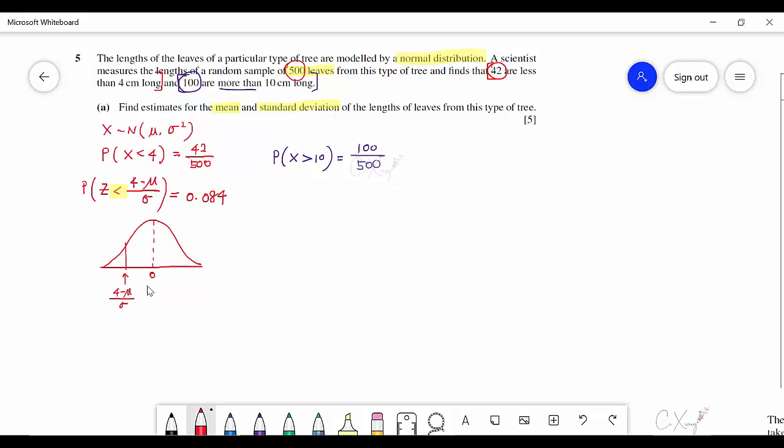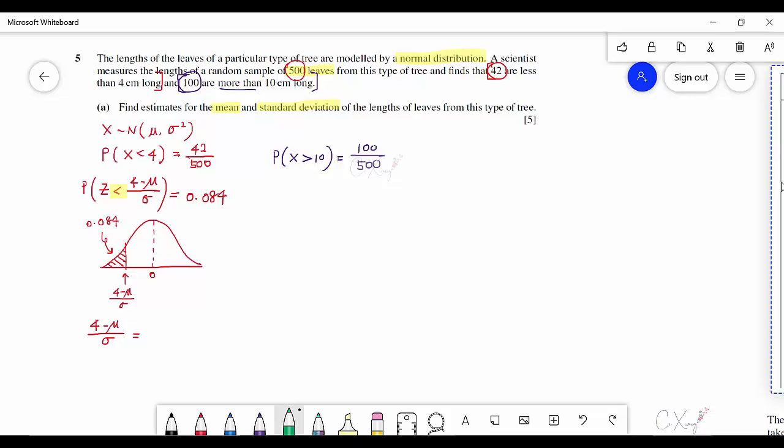Can you see that? It should be on the negative side. If I sketch out the diagram, it should look something like this, where this is 0.084. So from here, I'm going to find out the value for 4 minus mu divided by standard deviation from the normal distribution table.